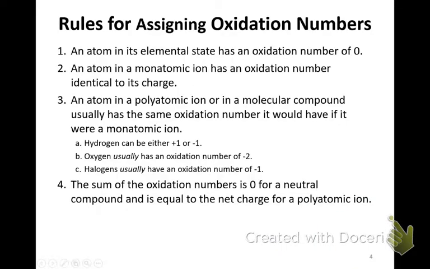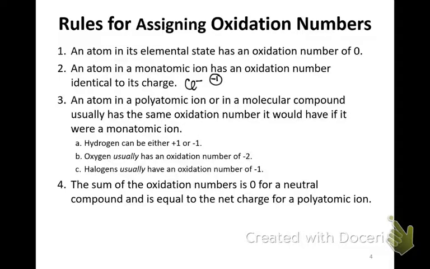Here are the rules for assigning oxidation numbers so you can keep doing practice. Remember, atoms in their elemental form have an oxidation number of 0. An atom in a monoatomic ion has an oxidation number identical to its charge. For example, in chloride, chlorine has a -1 oxidation number.